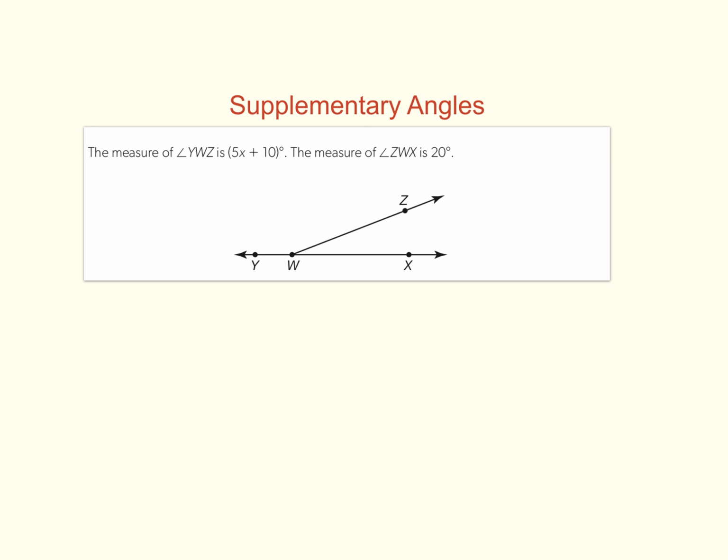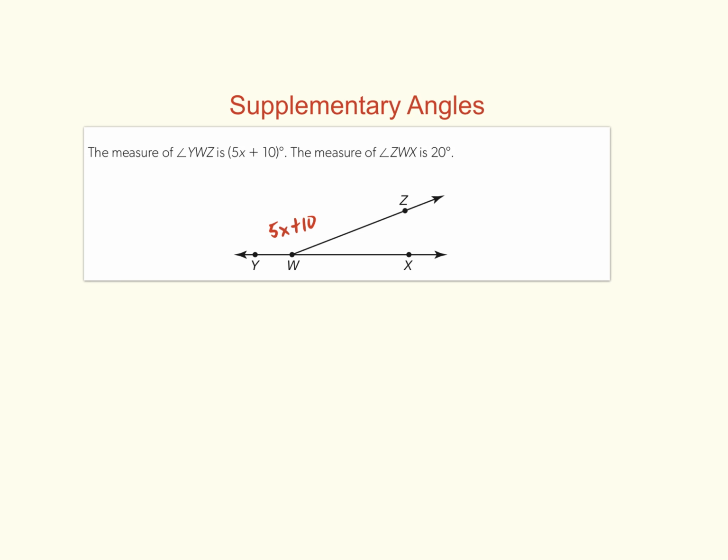The measure of angle, in this case, the symbol right before YWZ means angle. So the measure of angle YWZ, let's pay attention. We're talking about this segment right here is 5x plus 10. So let's write that down right there. 5x plus 10.